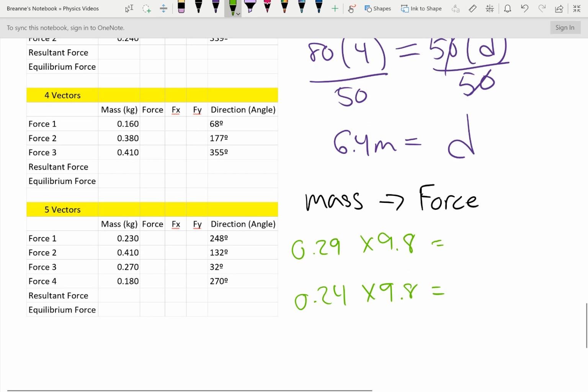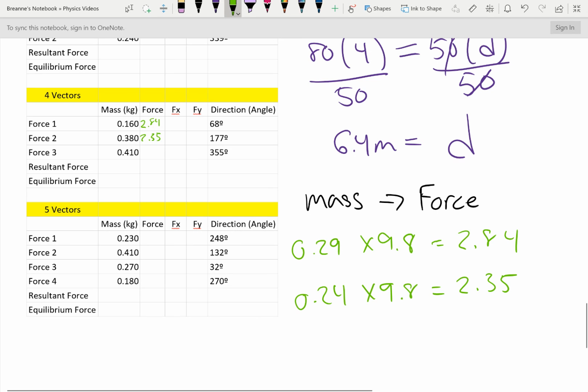So you have 0.29 times 9.8, and you get a 2.84, and your 0.24 times 9.8, and you would get a 2.35. You'd plug that information into your chart.